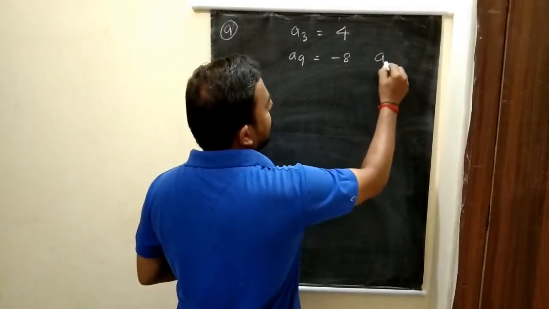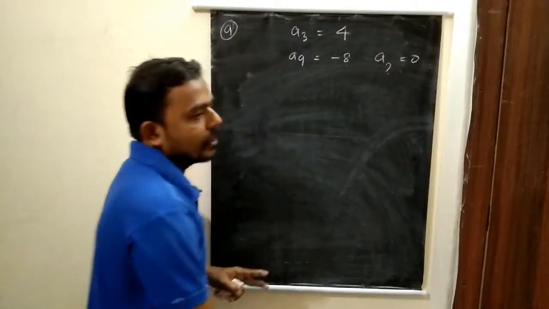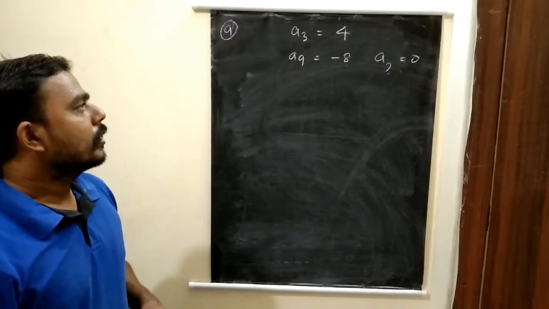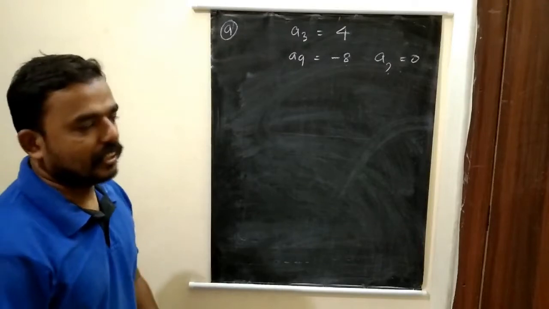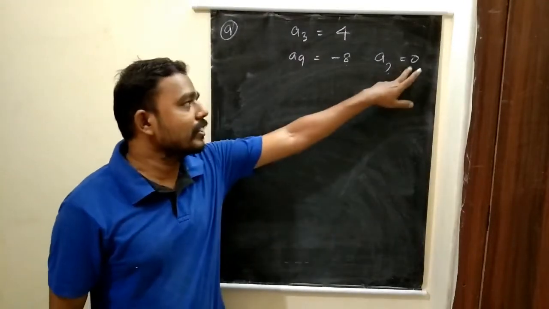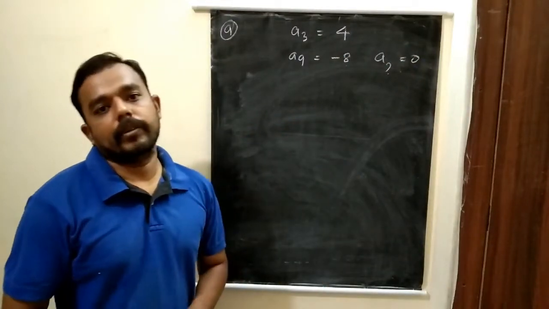We don't know which term it is, but it should be 0. So first find the a value and the d value, and finally consider 0 as the last term. Using this we can find the number of terms.